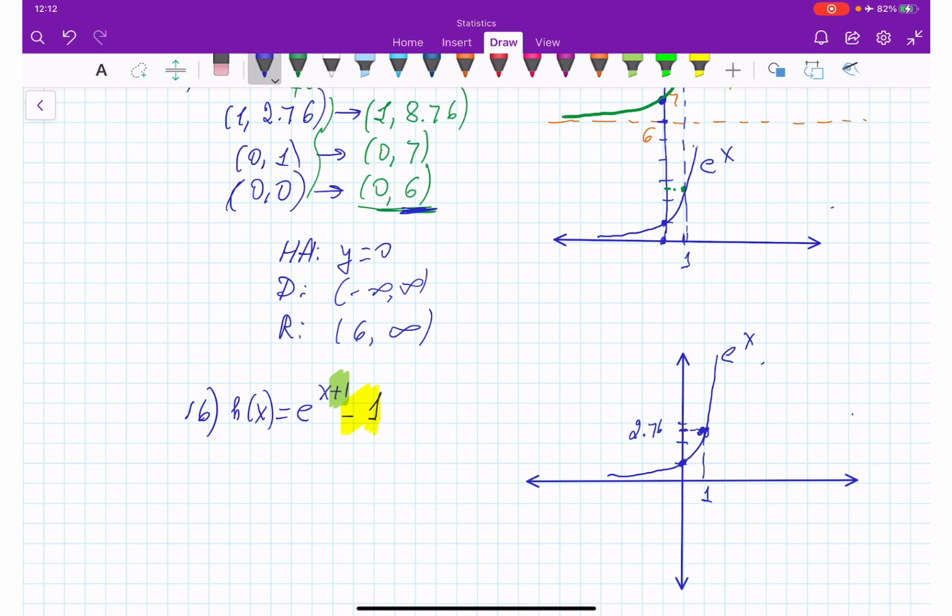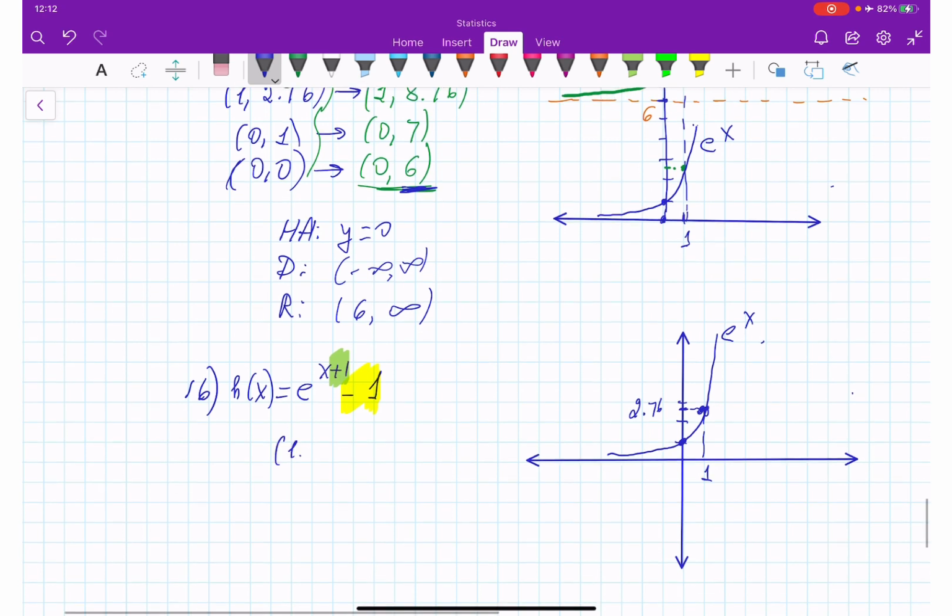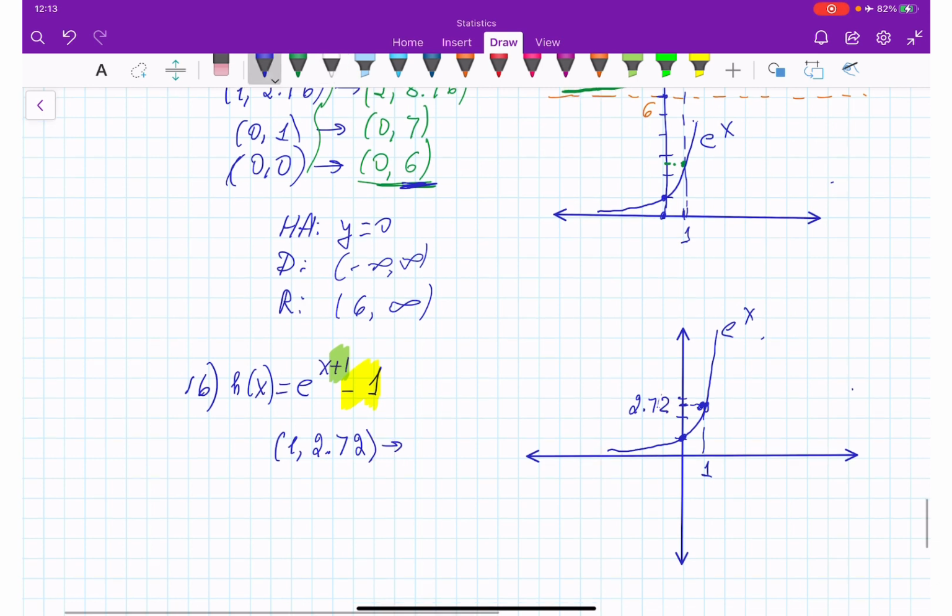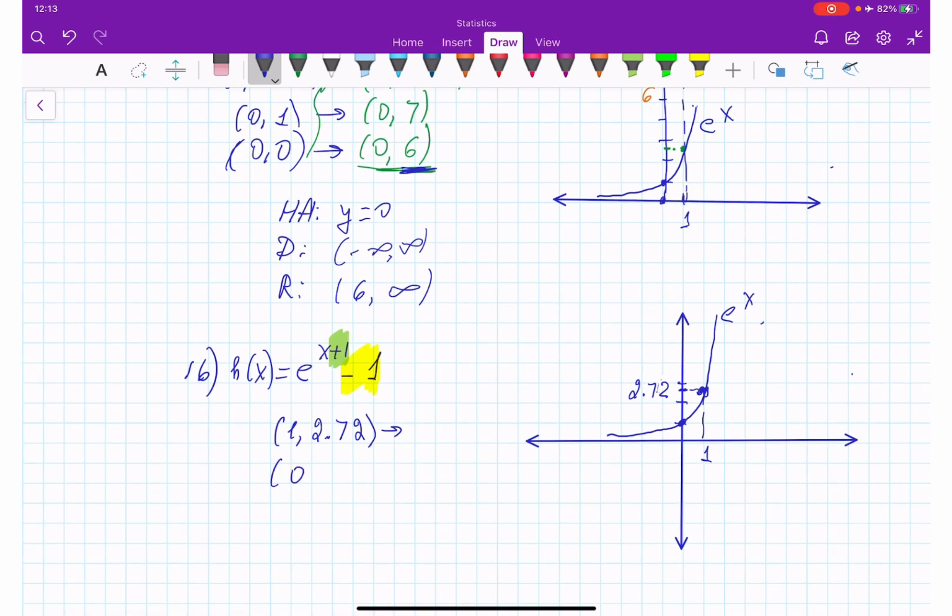This point is 1 and 2.72. And then 0 and 1, and 0 and 0.